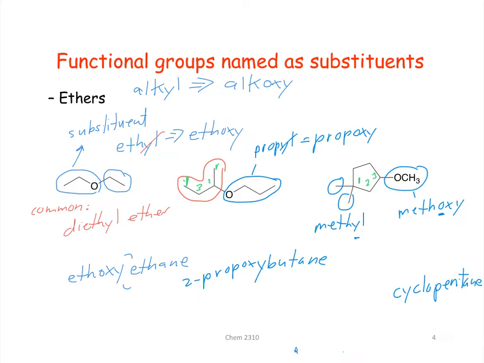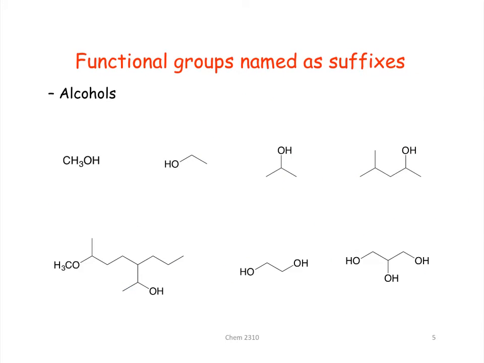Alright, so we're going to do the methyls first. So this is going to be 1,1-dimethyl. Dang, I'm not going to fit this in though. 3-methoxycyclopentane.